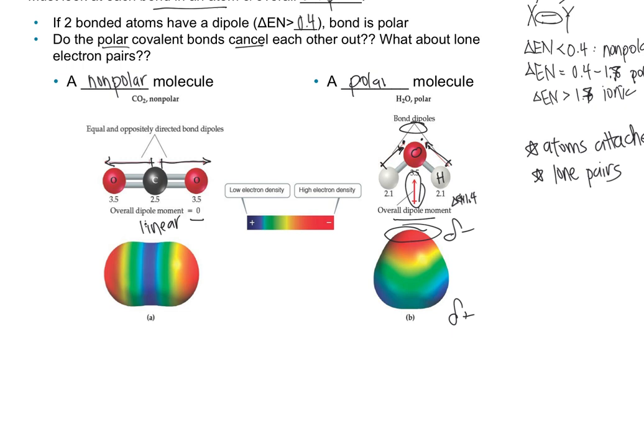Basically, if we have a symmetric molecule, in all directions, meaning the same atoms pulling from the central atom, then we're going to have something nonpolar. But if we have an asymmetric molecule, such as water, we get a polar molecule because those dipoles don't cancel out, leading to a net dipole.